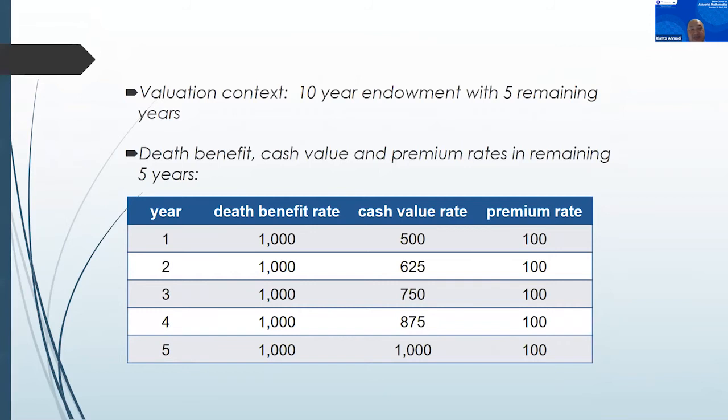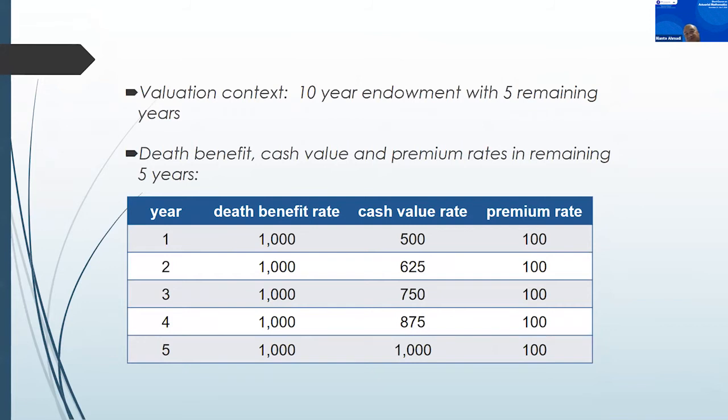What can occur in the policy is either death or lapse or surviving until the end or maturity. That's the first sample space we're dealing with in this policy.